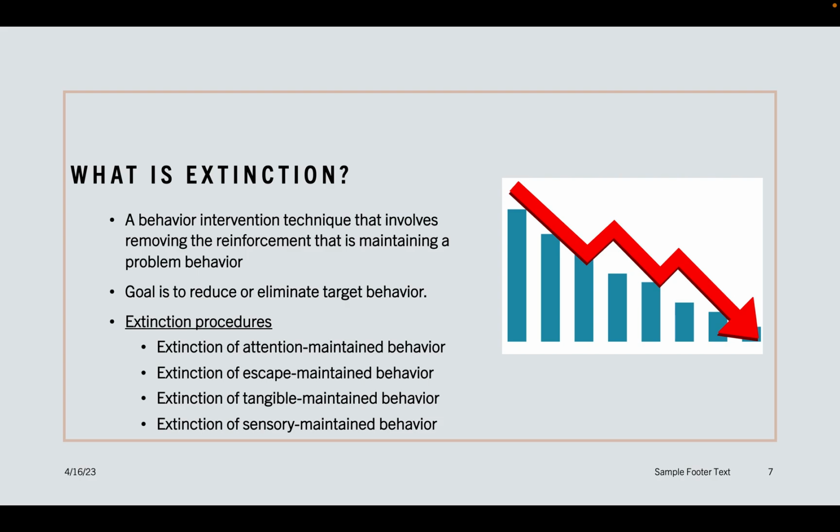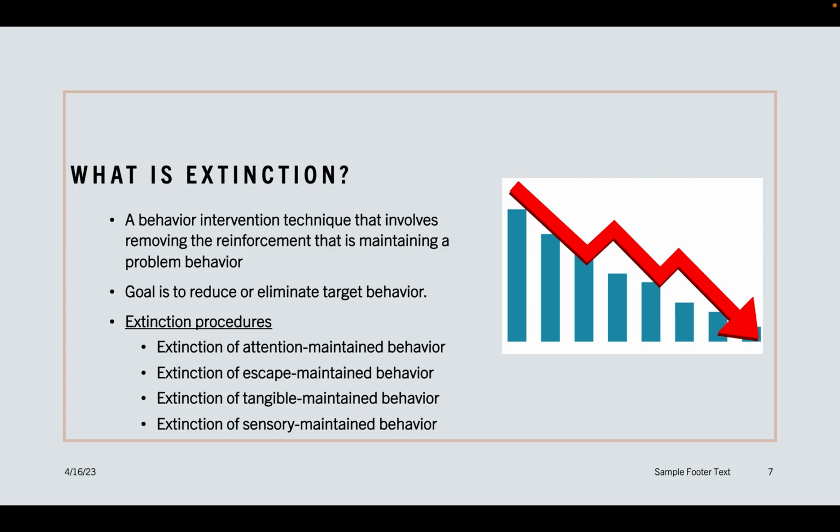So in ABA, what we like to do is extinction. We like to put behaviors on extinction because we really do believe that if we don't provide any attention to a behavior, then we will see a decrease in it. So, what is extinction?